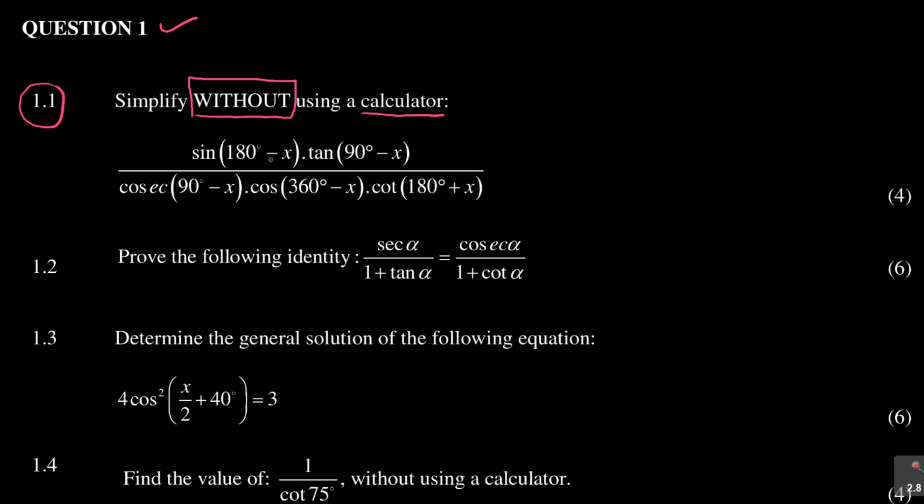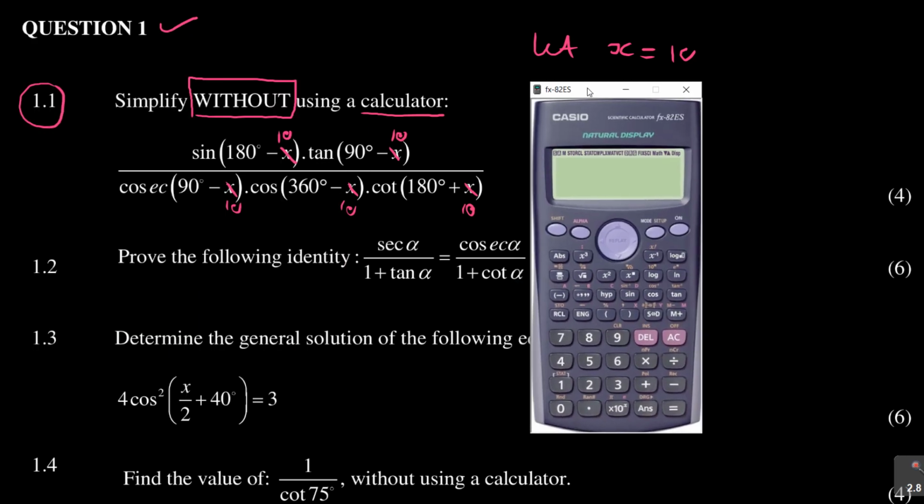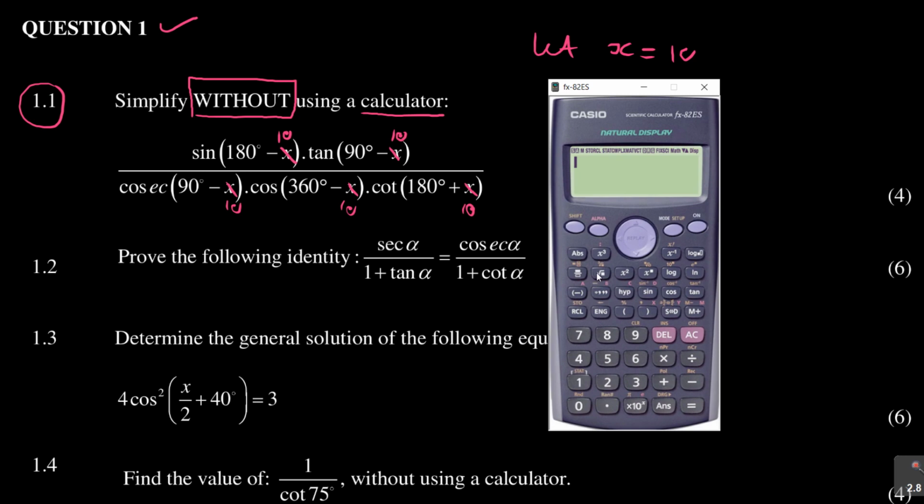So for interest's sake, let's choose any value of x and say let x be equal to 10. I'm substituting 10 here. After doing that, let me see what it will give me with the calculator. Remember, they say I must not use a calculator, but I take a calculator to see what this simplifies to.